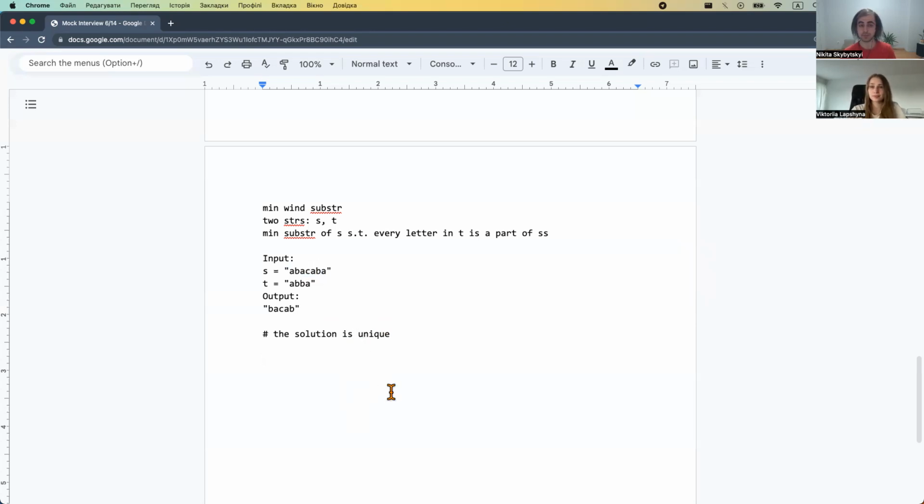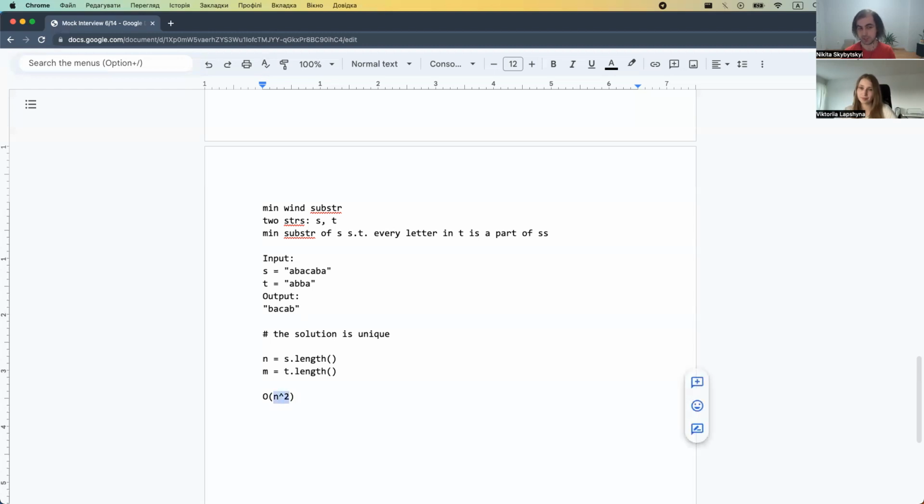All right. So let's start with something very naive for this problem. I will denote n as the length of S and m as the length of T. We can iterate over all substrings of S. There are O(n^2) substrings.